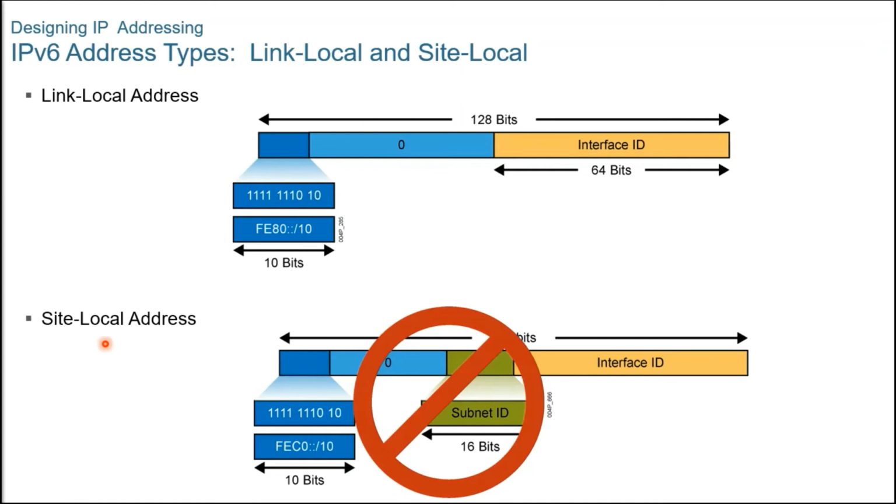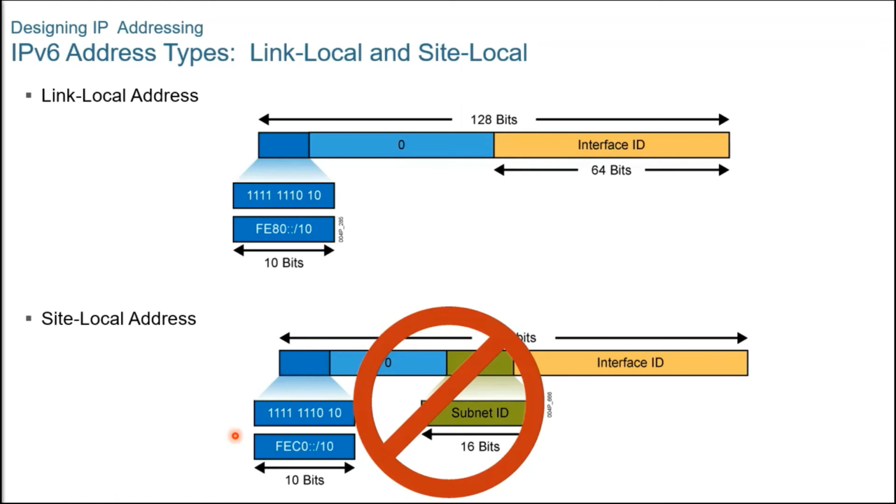Now, the site local addresses used the prefix FEC0::/10 and an interface identifier concatenated after the prefix. So the site local addresses were considered private addresses to be used to restrict communication to a limited domain.